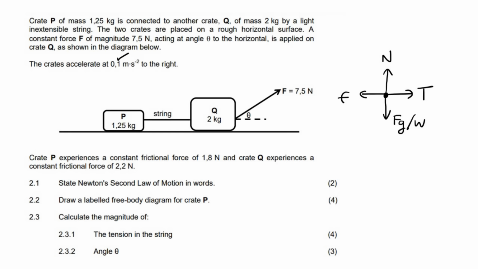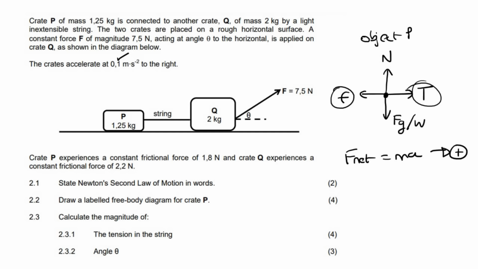If we use just this object here, which is object P, you could say F net equals MA, and then we choose right as positive, and then you would have this one minus this one, so your tension minus your friction, and equals MA.